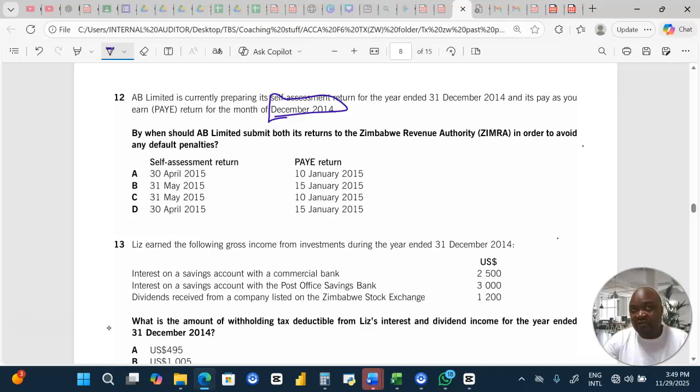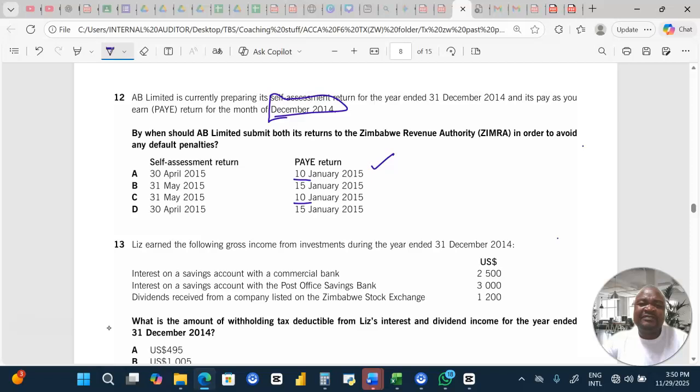If it was PAYE for December, that's the month when the employment income was earned, so it should be remitted by the 10th of January. So we have this, which has got the 10th of January, and this one again, 10th of January.